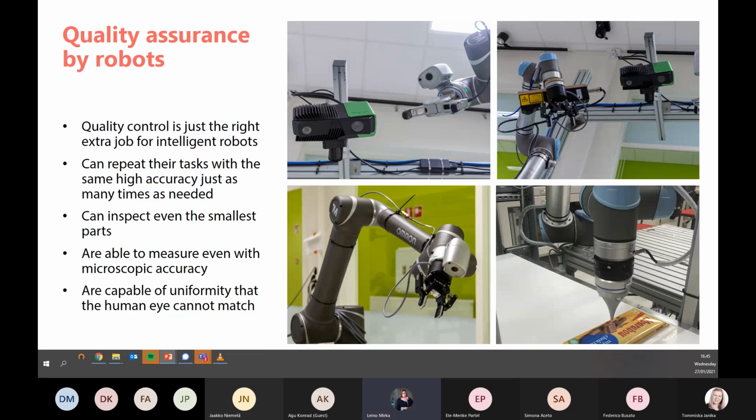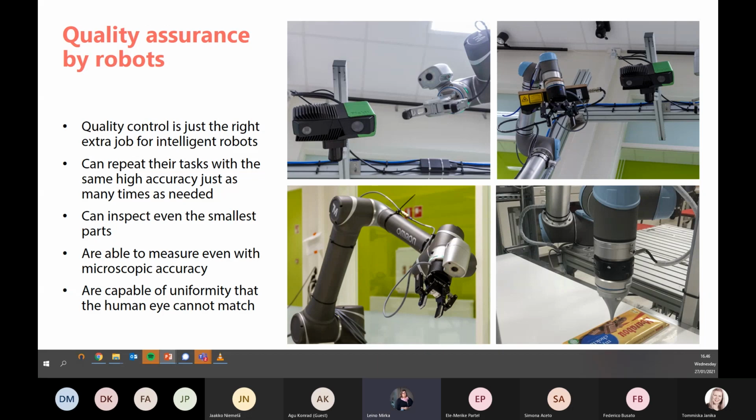Quality assurance and inspection roles are ideal for robots. What is often viewed as a monotonous and highly stressful job for humans is easily filled by smart robots, and they won't complain at all. Robots with quality control capabilities are a really welcome addition to nearly any smart factory.